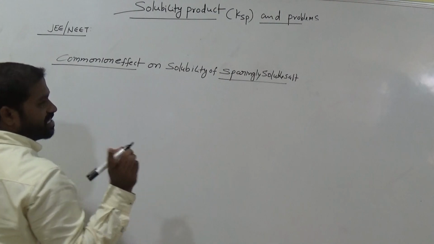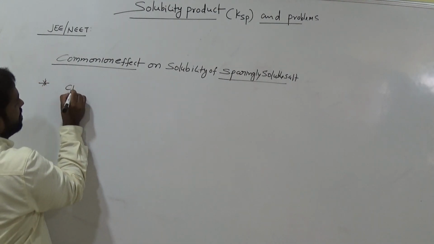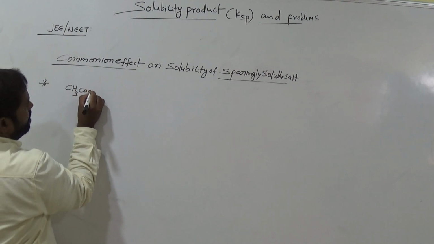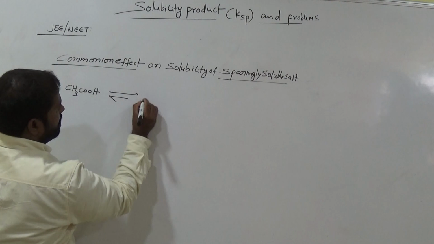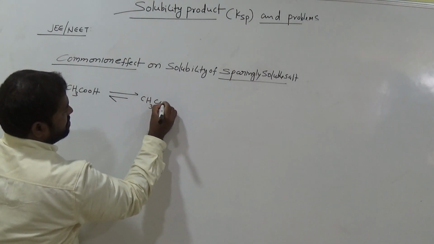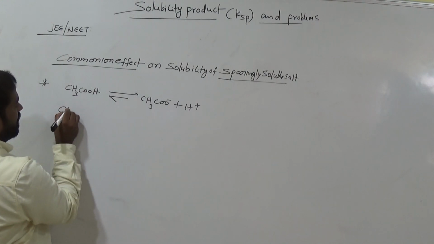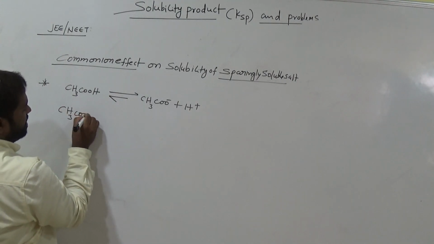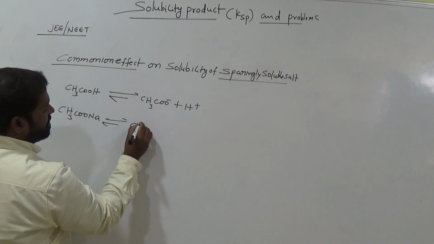So we already discussed this. Common ion effect means, suppose this is the weak electrolyte, how is it ionized? CH3COOH gives CH3COO minus and H plus, am I right? Now I would like to add CH3COONa. How is it ionized?